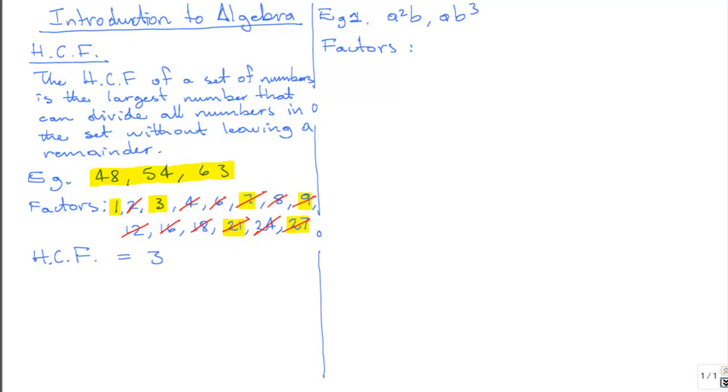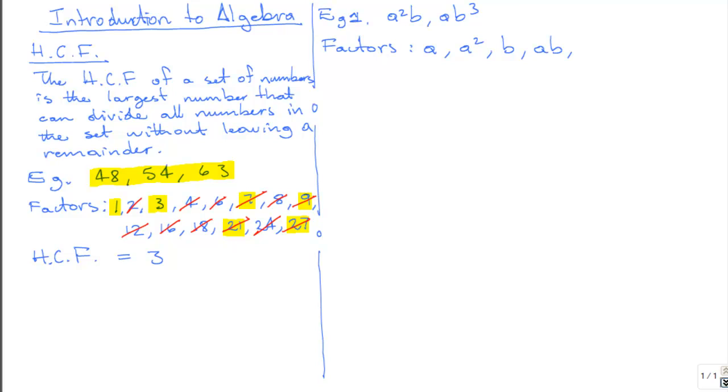So, let's start with this first term, a squared b. The factors of a squared b, that is the expressions, the terms that can divide exactly into a squared b without leaving a remainder, are a, a squared, b, and ab. Are we missing anything? I think not.